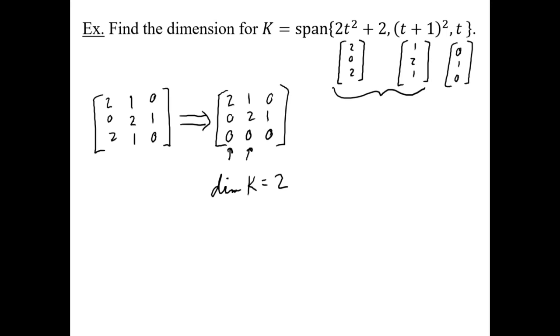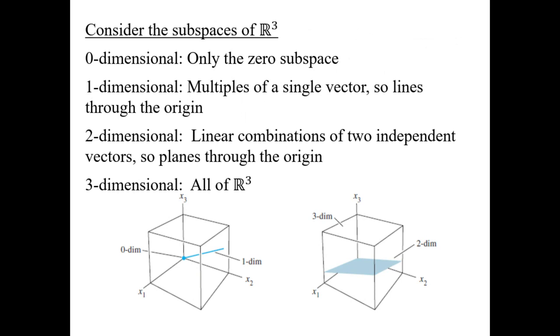Okay, earlier we saw that a plane in R3 is isomorphic to the entire vector space R2. Let's take a look at these a little bit. So subspaces of R3. The 0 dimensional subspace would just be the 0 subspace. Okay, so just a dot, that's the origin.